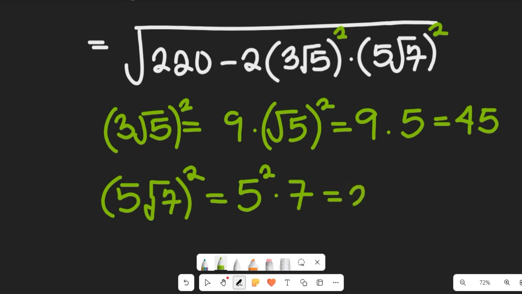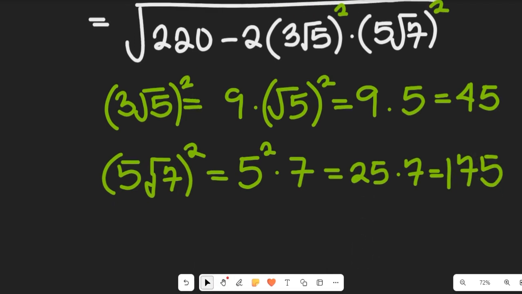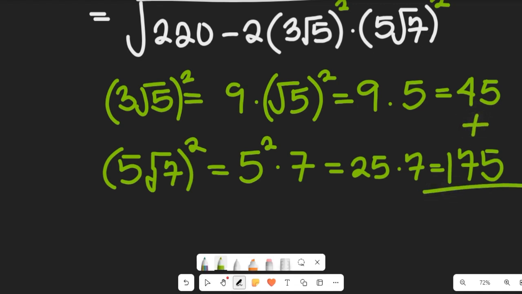And this is going to give me 25 multiplied by 7, and 25 multiplied by 7 is going to give me 175. Now come to look at that. Those two expressions will give me 175 and 45. If you sum these two expressions, we're going to see that we'll arrive at 220.